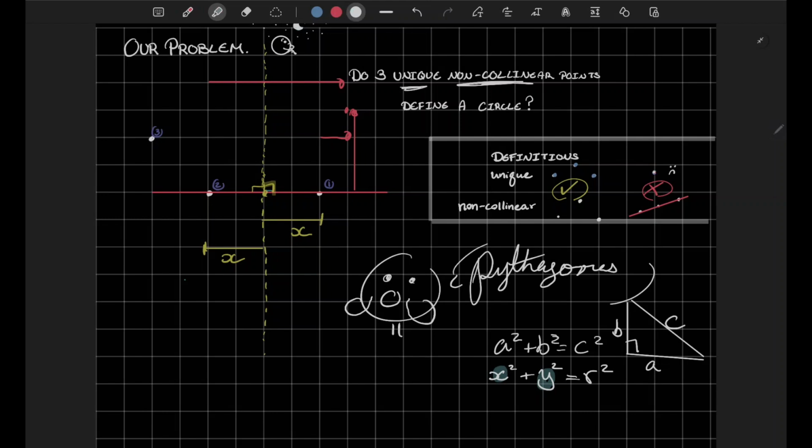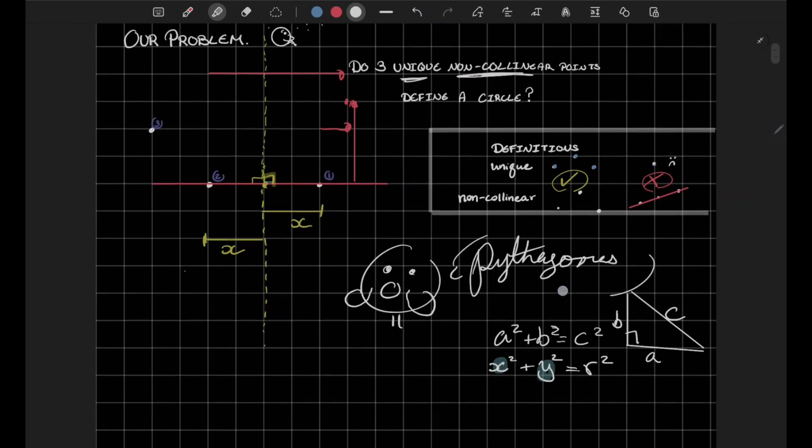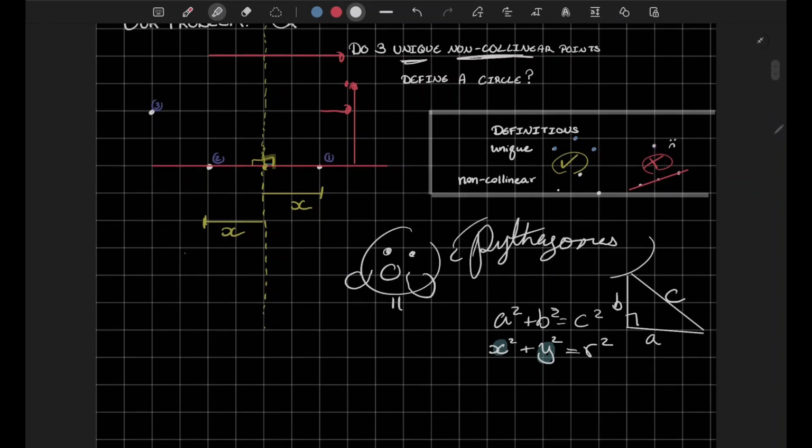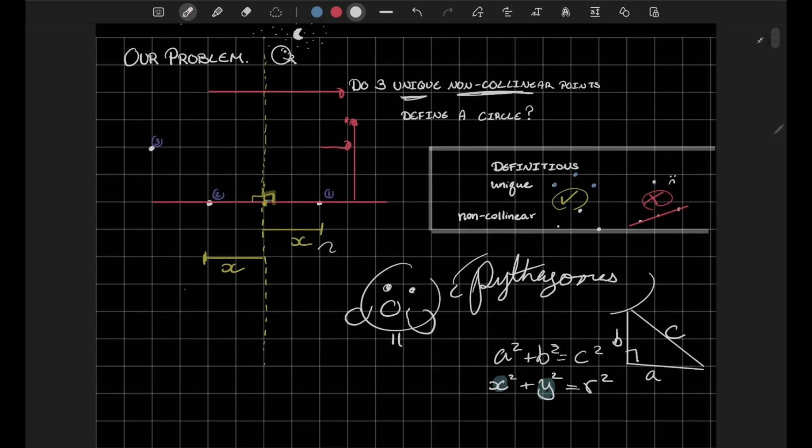And so they won't necessarily be equal. Maybe just to write it out, let's attach some numbers to this. This 2 could be 1, this could be 5.